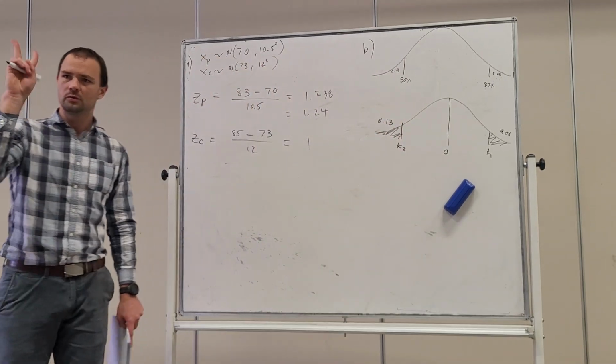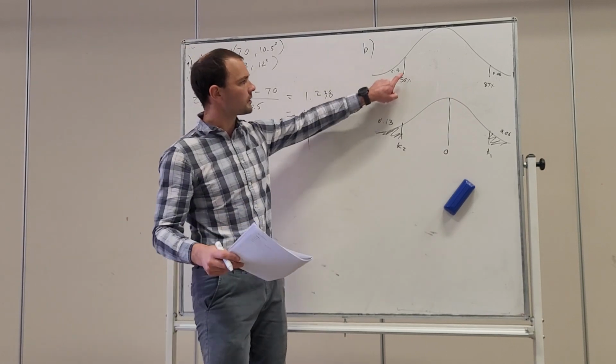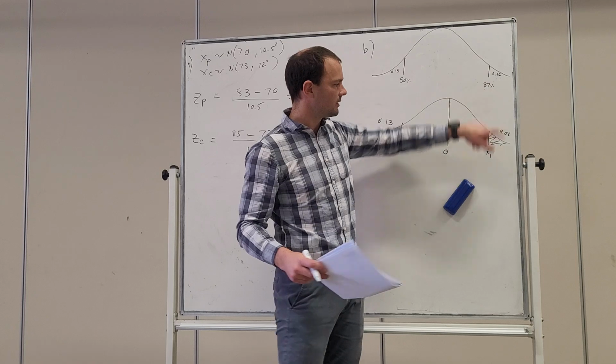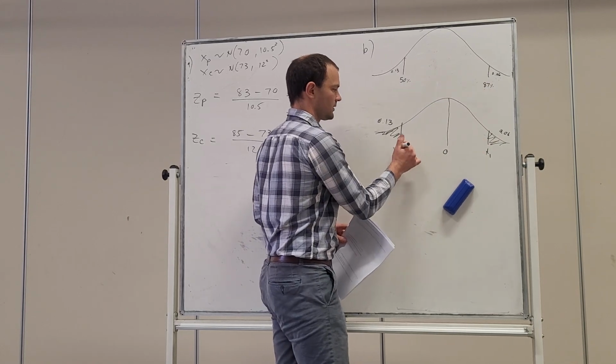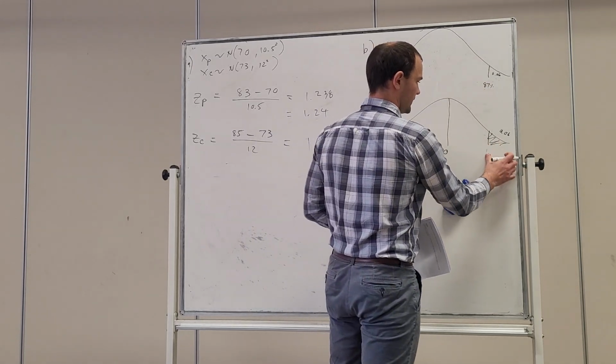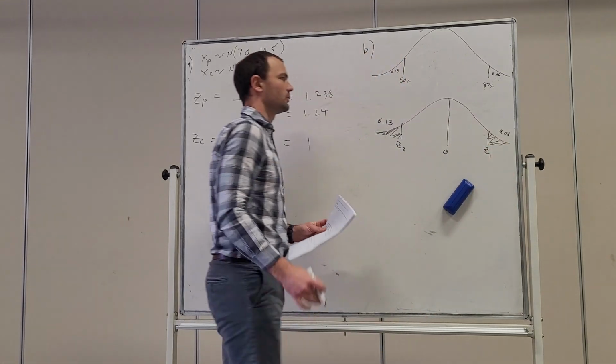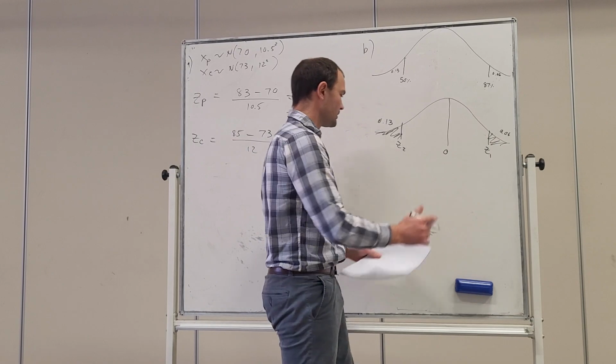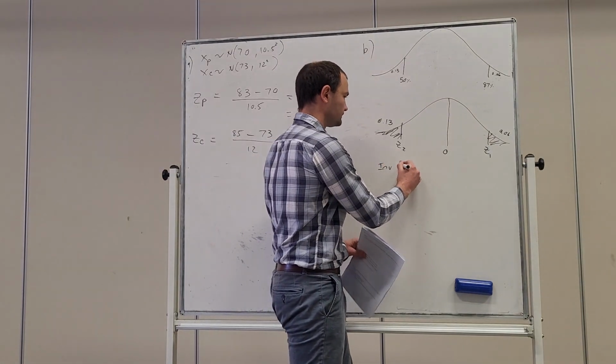So we're getting two z results there that are going to correspond with this point. K2 corresponds with this one. And I'm going to call them z1 and z2 actually, because we'll have the formula for a z-score in a moment. z1 and z2. So for the first one, to get z1, we're doing an inverse normal calculation.